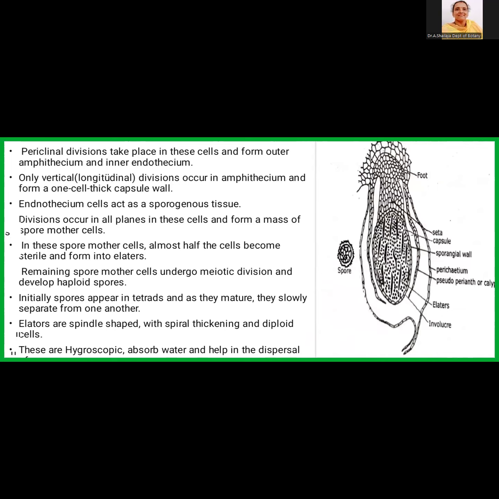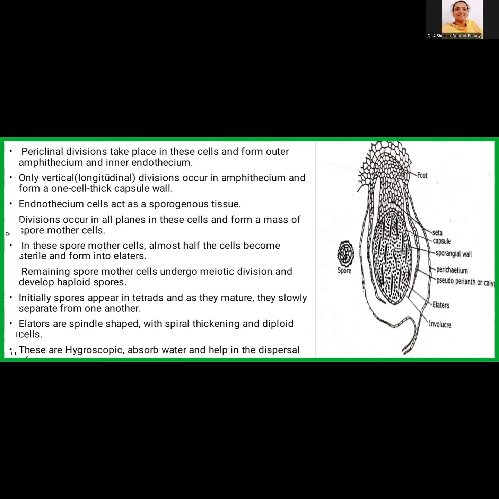Almost half of these cells become sterile and form elaters. The remaining spore mother cells undergo meiotic division and develop the haploid spores. This is the sporophytic structure, all in diploid condition, and some of the spore mother cells go into meiosis.